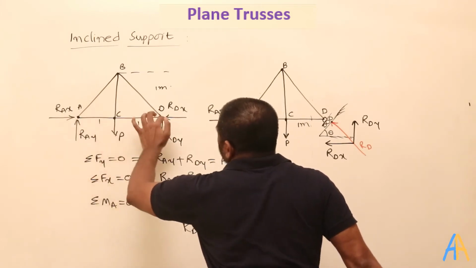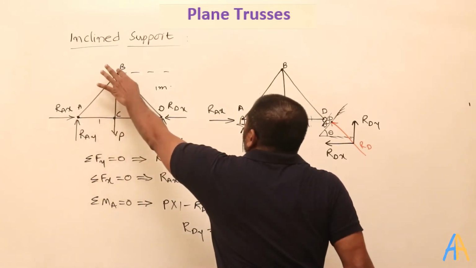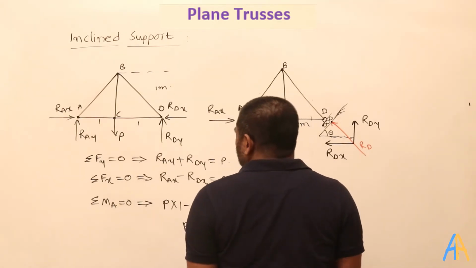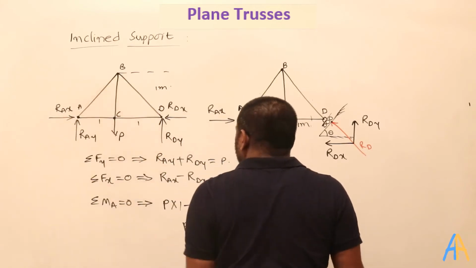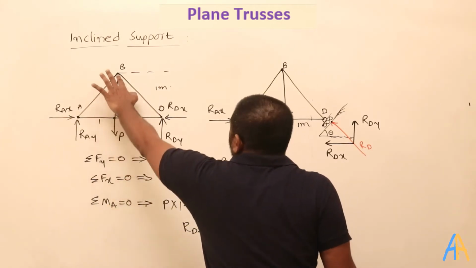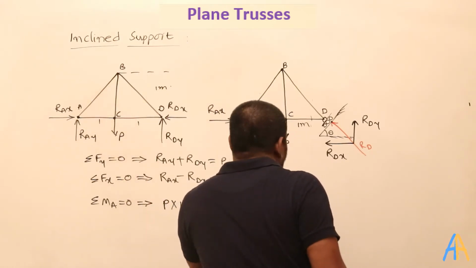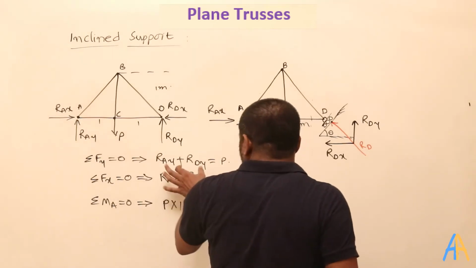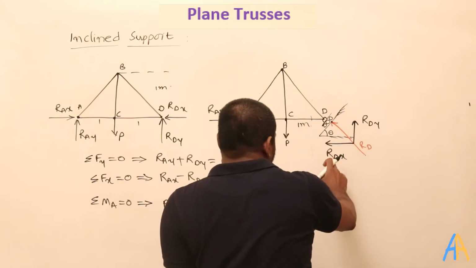Because the RAX is passing through the point D. So in such a scenario you can apply the moment equation at B. If you apply the moment equation at B, only P is passing through B and the remaining are not passing through. But because of the symmetry, even in that case everything will be cancelled out and you won't get anything.